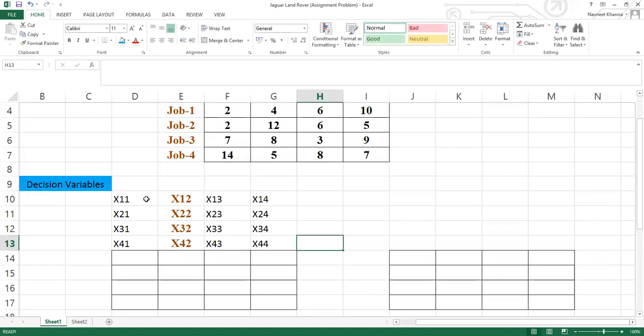So these are our decision variables, right?